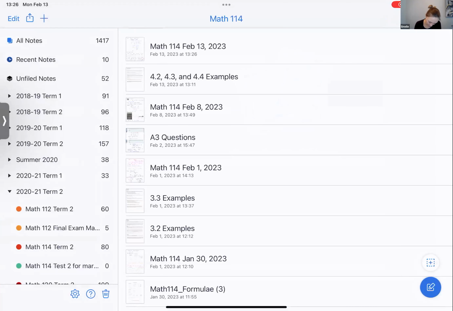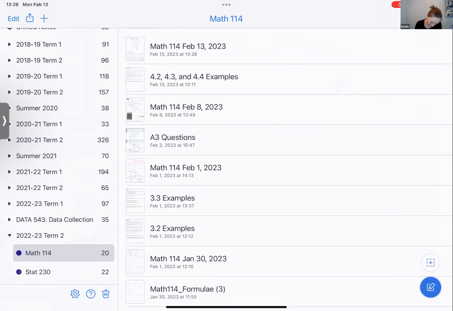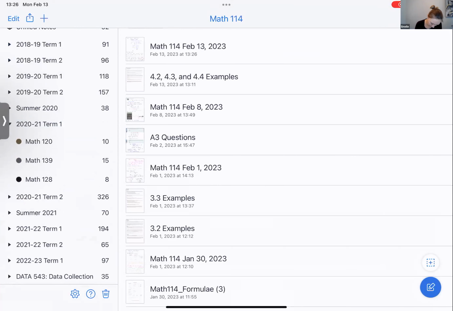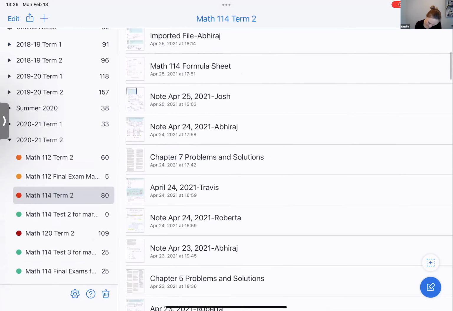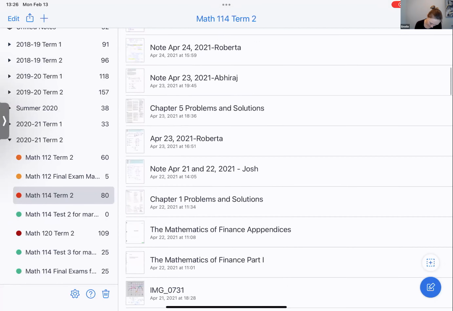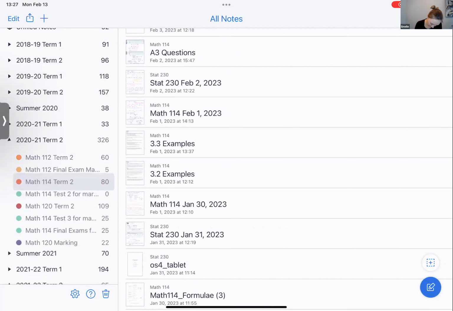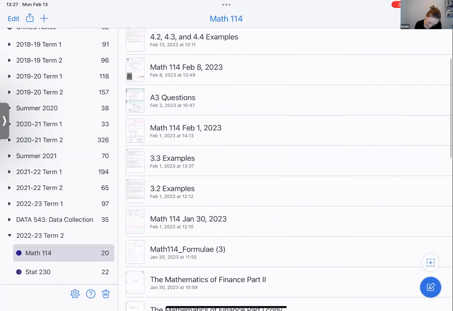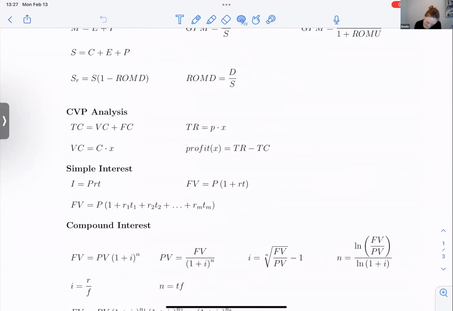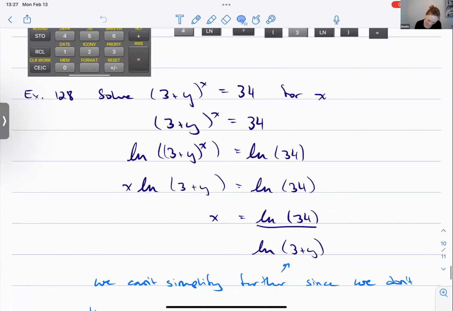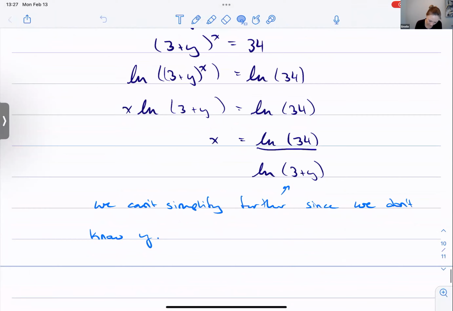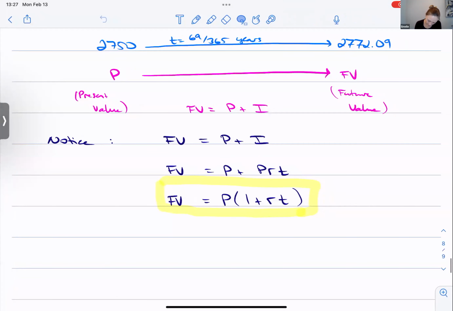Instead of scrolling way up, I'm just going to copy it from your formula sheet. That's from last day.